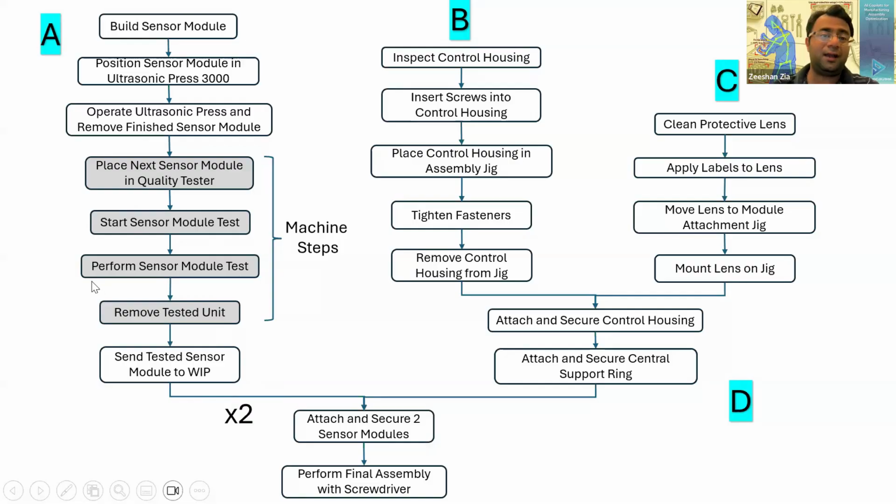The testing happens in parallel to whatever the operator is doing. The operator doesn't need to stand next to the machine. They can go and do other things while the machine is completing the test, and then they'll take the tested unit out of the piece of equipment.